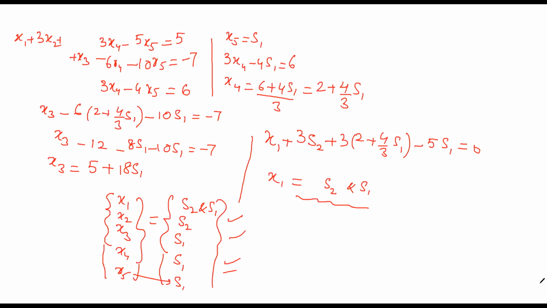Professor, excuse me, could you please tell me on the right side, the first equation, is it equal to 0? For example, this first equation? No, on the right side. Here, x5 is equal to s1. No. x1 plus 3 s2 plus 3.